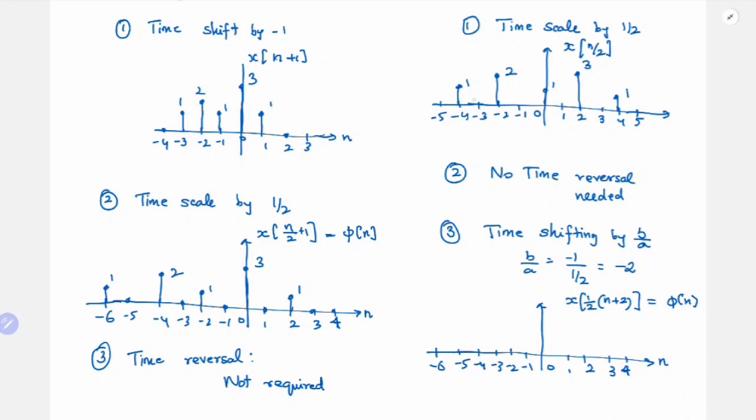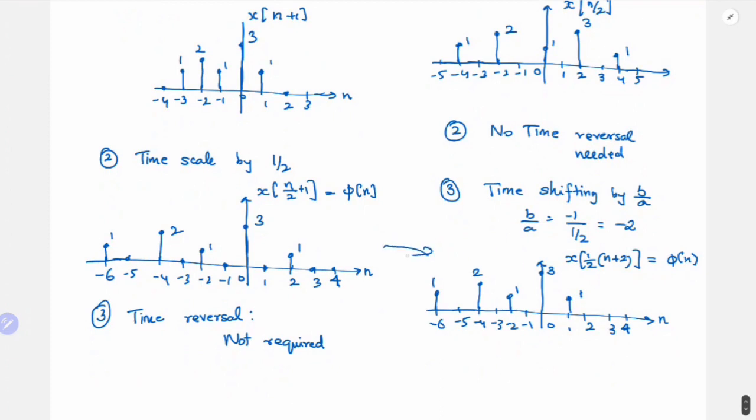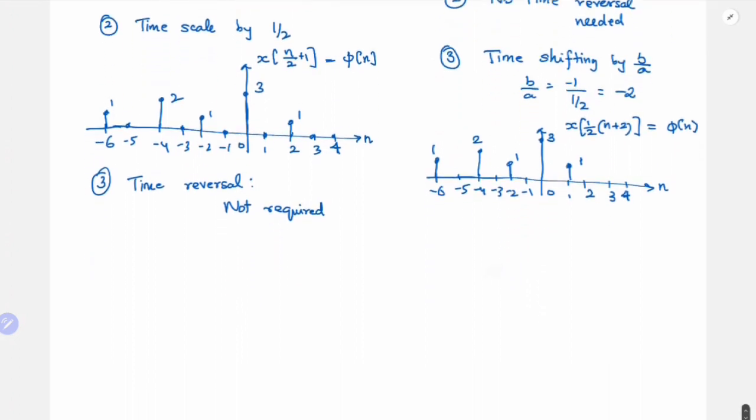Okay, so my minus 4 will go to minus 6, 1, 2, 1, 3 and 1 again. So you can see both these results are giving the same answer, and it should give the same answer only. Okay. And here again you can cross verify finally by substituting and seeing. The same we used for this.